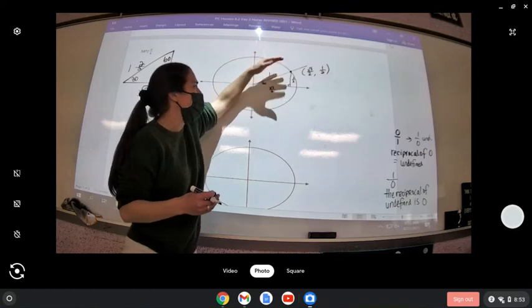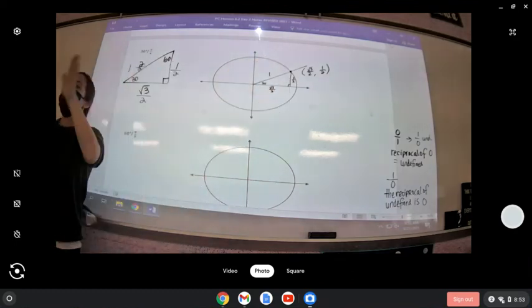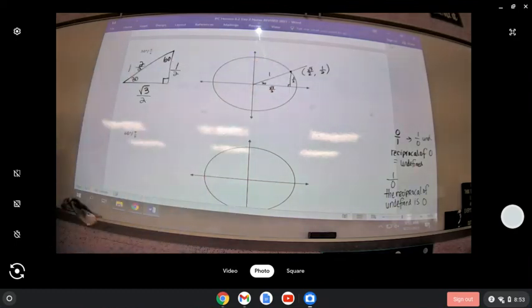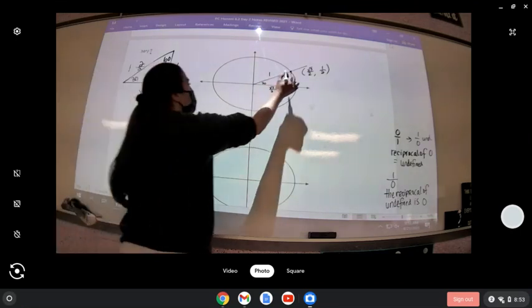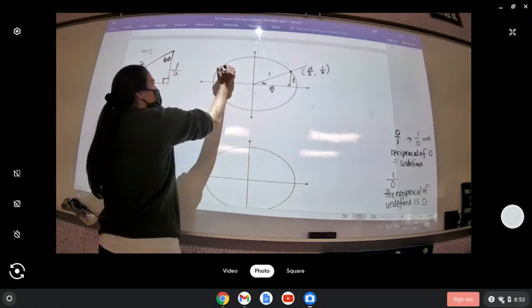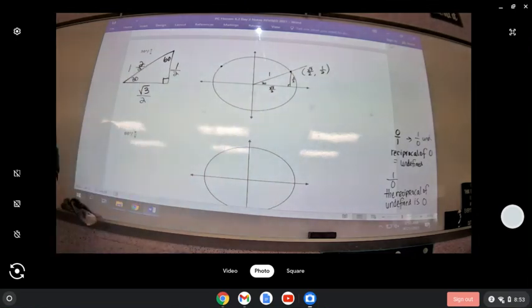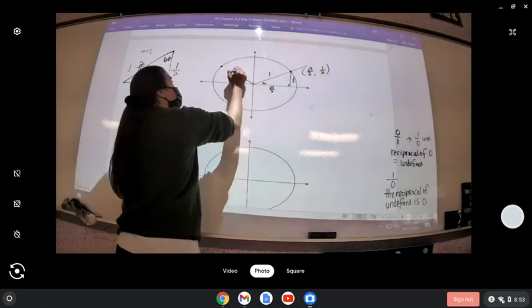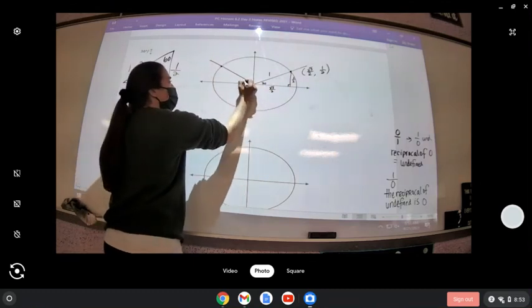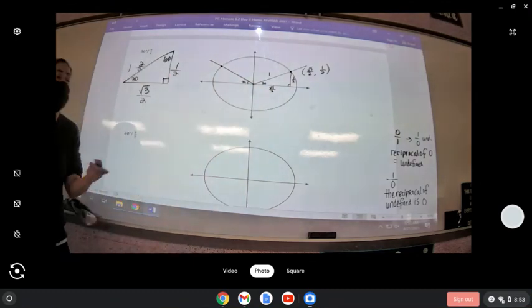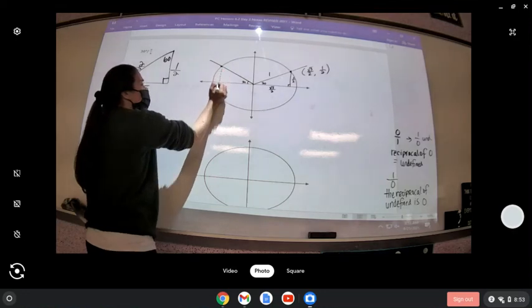Then they put the 45 in, found its point. And then everything else came from mere reflection and the fact that a circle has symmetry all over it. So guys, if I reflect this to the other side into quadrant 2, I still have a 30-degree reference angle that's going to fit inside a triangle.